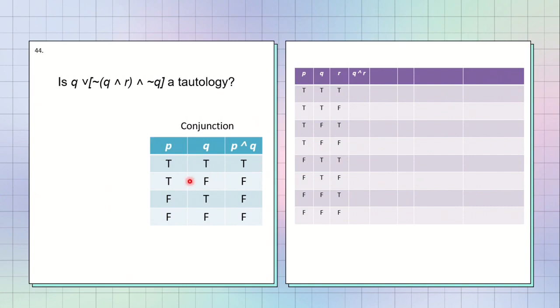In conjunction, if one value is false, then the answer is false. Let us look at the values of Q and R.